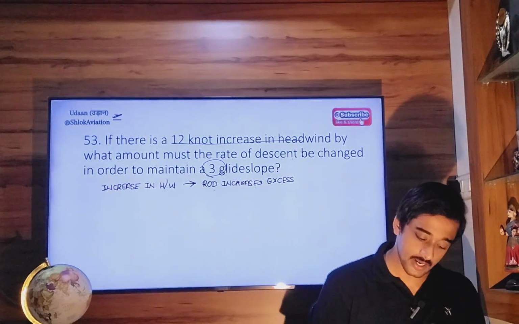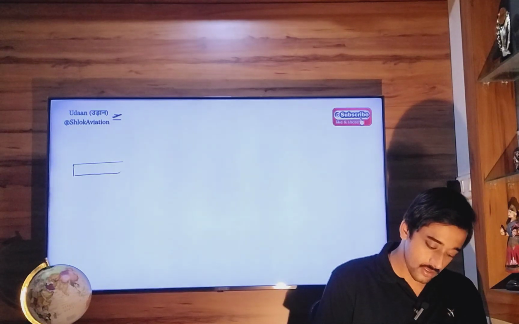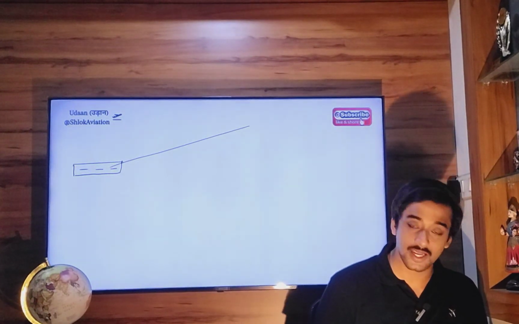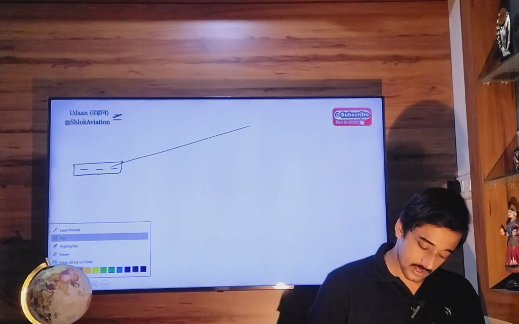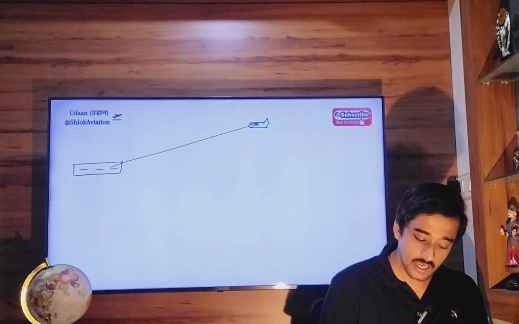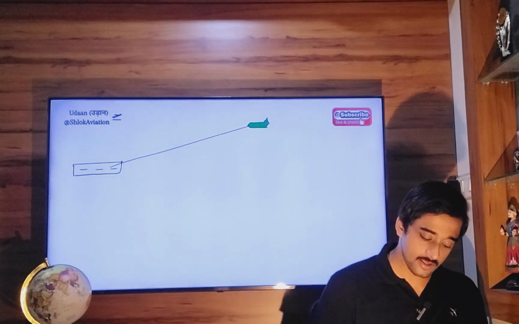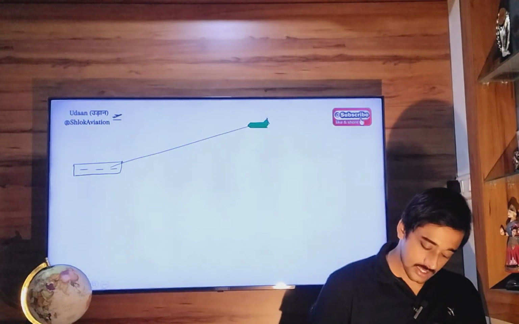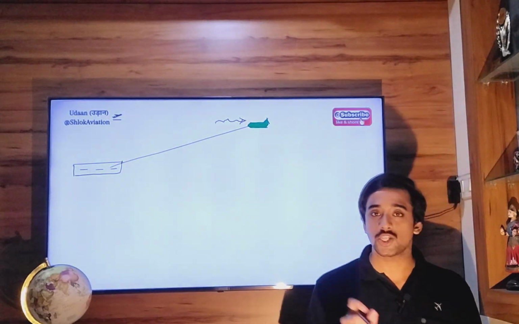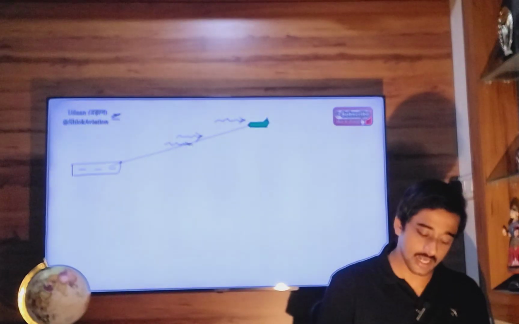I will draw that diagram. So this is your runway. This is the glide slope that you are expected to maintain, the 3-degree glide slope. What happens when at this place you are getting just this much headwind, and a few minutes later the headwind component increases?